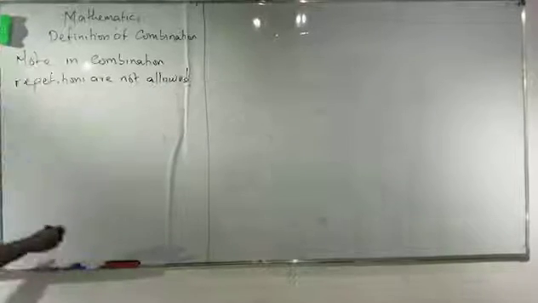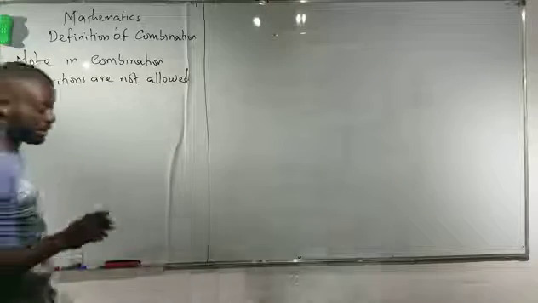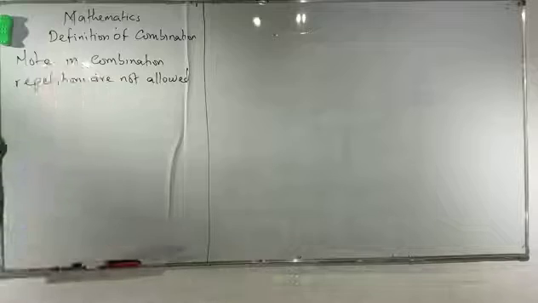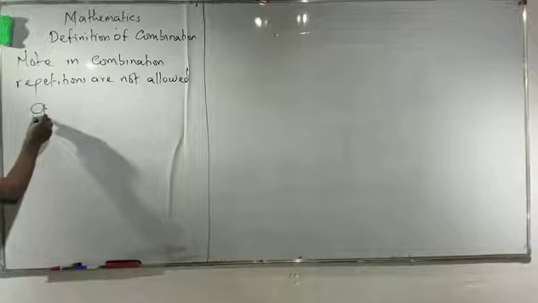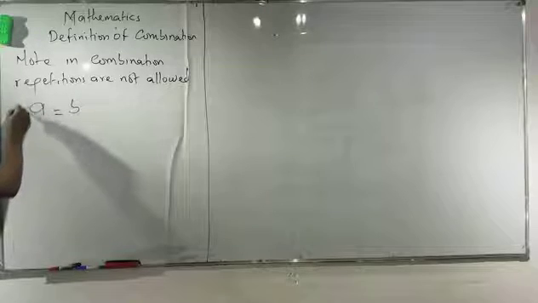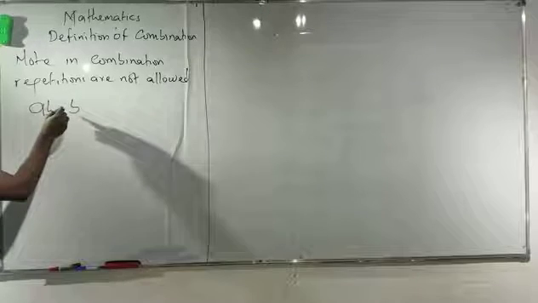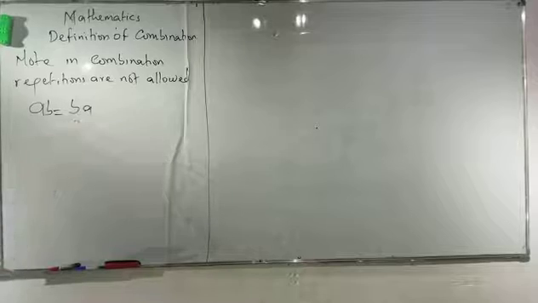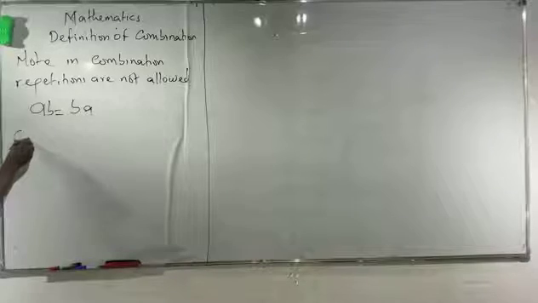That is the difference between combination and permutation. Now, in this particular area, AB equals BA.